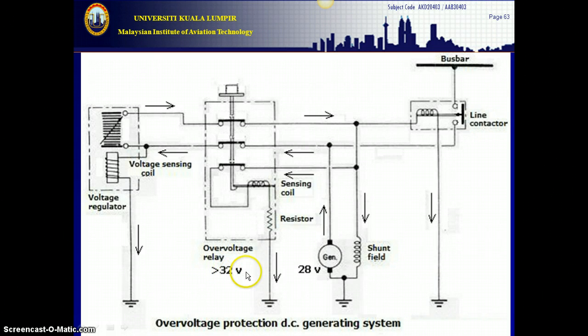However, let's say an open circuit occurs in the voltage regulator coil sensing line. The shunt field current increases, and because of the inverse characteristic of the relay sensing coil resistor, the electromagnetic field set up by the coil causes the latch mechanism to release and the relay contacts to go to the open position, thereby isolating the system from the bus bar.